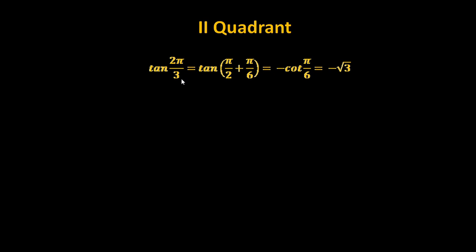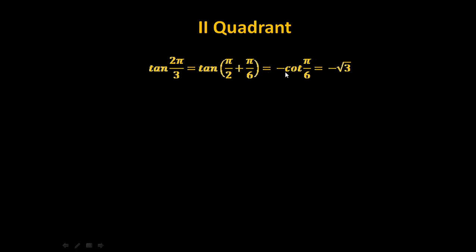Now if we look at the angles in the second quadrant, that means angles like 120 degree. So tan 2 pi by 3, second quadrant in a sense, for the angles greater than 90 degree but less than 180 degree. So tan 2 pi by 3, basically it is tan 120 degree. So it can be written as tan of pi by 2 plus pi by 6.